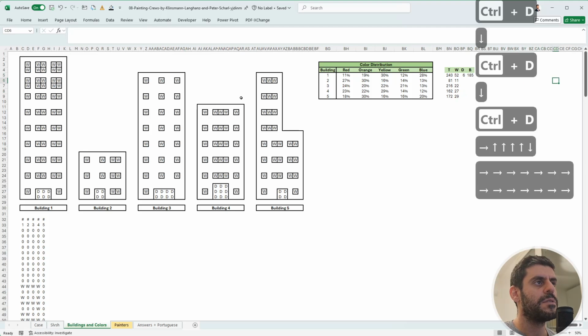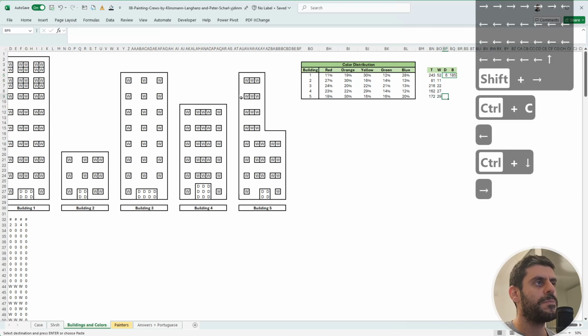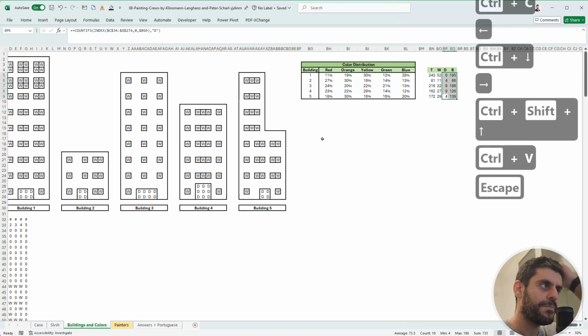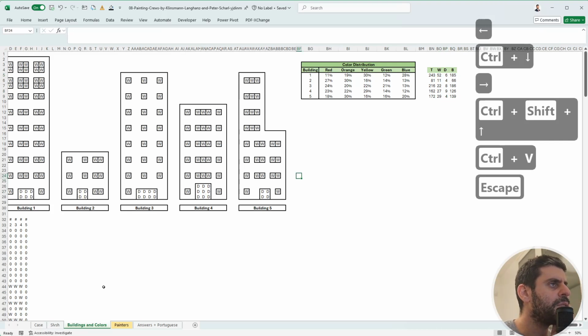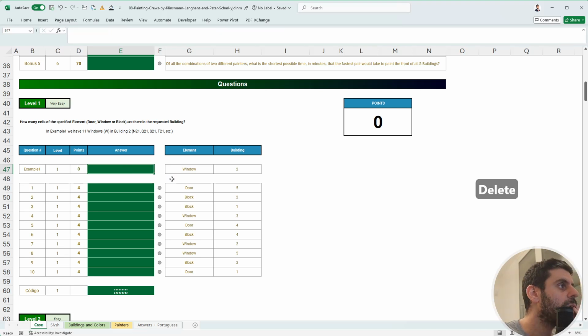Typing is kind of annoying. 9 doors, okay, seems right. So this was the, probably, so window.